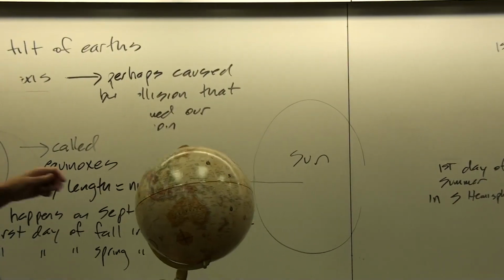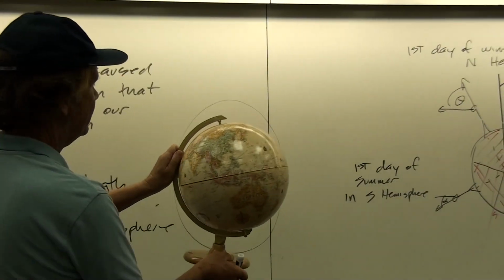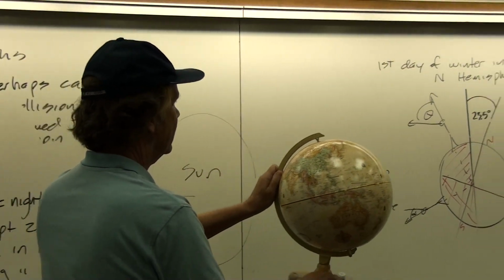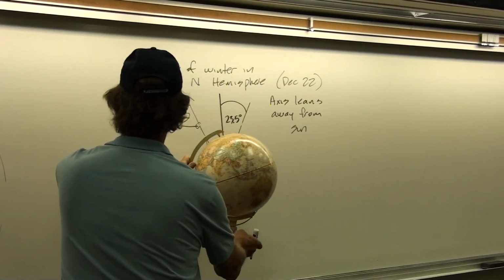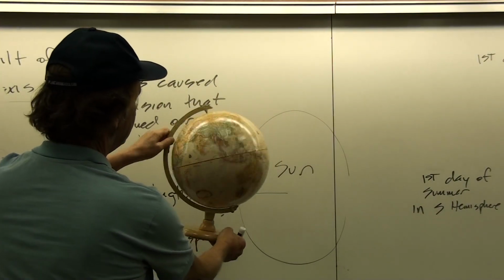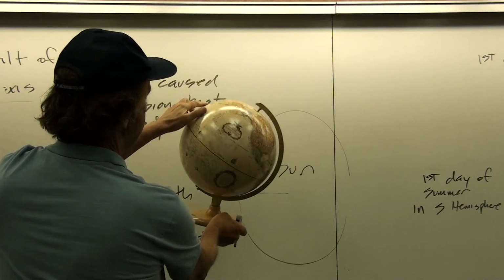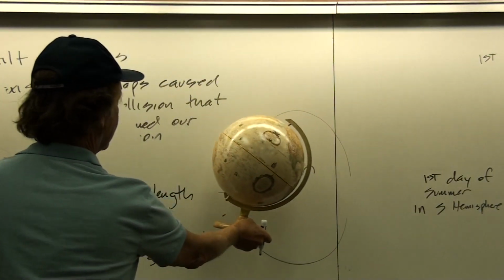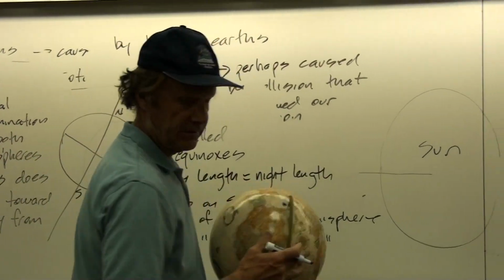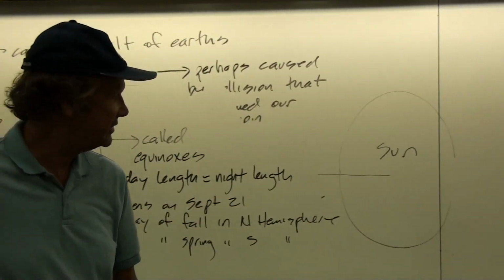So this is June 21st. And then we get to here. This is around September 21st or so. Then it comes around to that point, and then it goes behind the board, and then it's leaning this way, but it's behind the sun on that side. And so that happens around March 22nd.